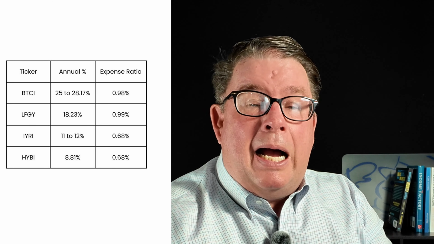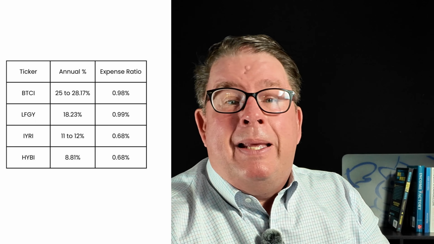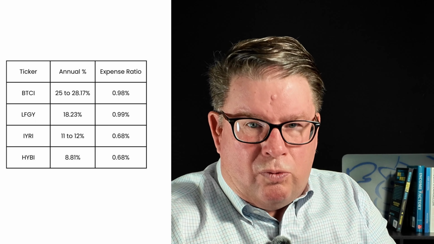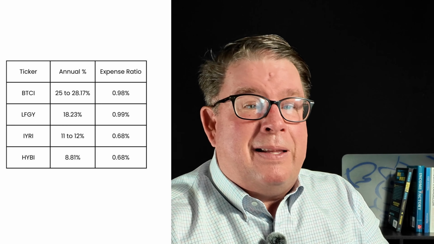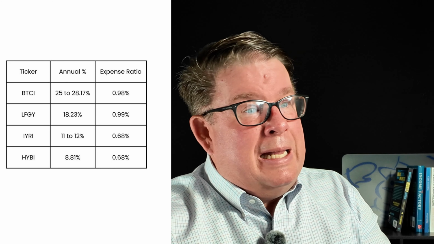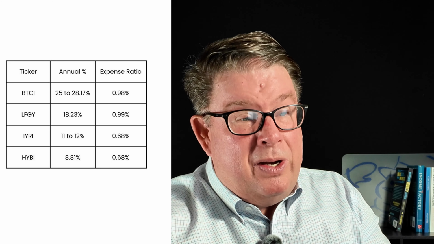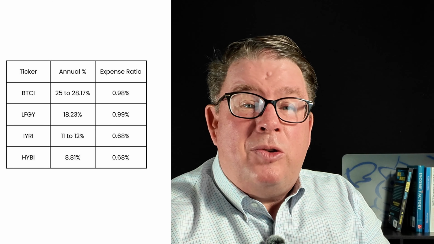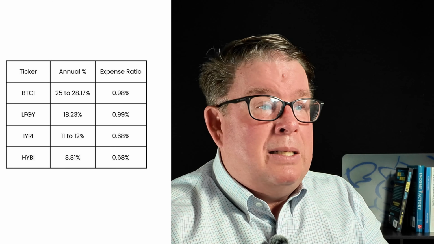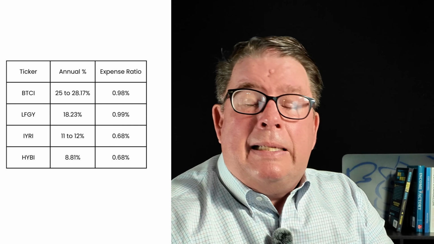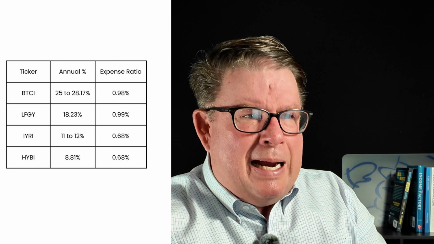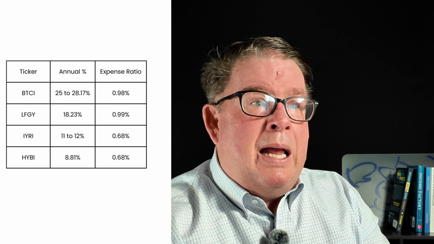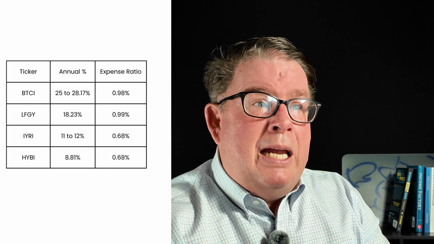The next one is IYRI. This is a REIT ETF that sells covered calls, and it's paying between 11 and 12% with an expense ratio of 0.68. The last one is a bond fund, a kind of hybrid bond fund, HYBI from NEOS. It pays right around 8% to 9%.